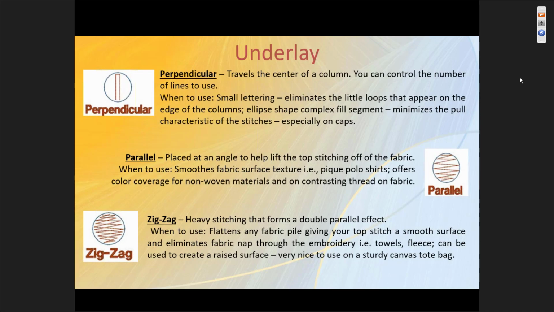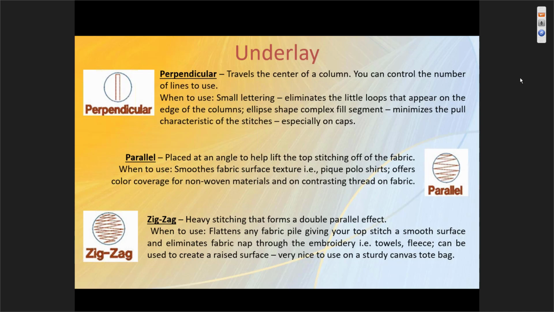Sometimes you see little loops on the edge of your design. That's a lot of times your underlay trying to poke out because the stitch is actually pulled in, but your underlay is sticking out. So if you go down to 1 line of underlay, then it's hopefully going to stay right down the center and not peek out on either side of the actual stitch.